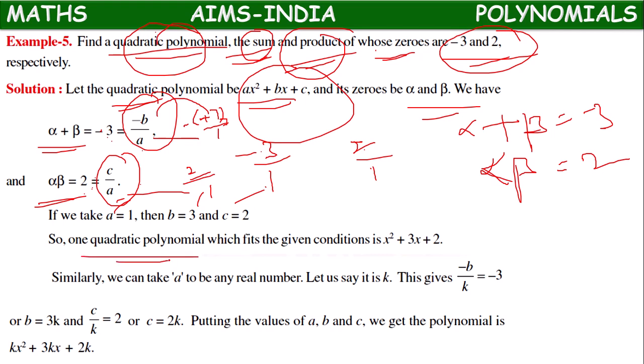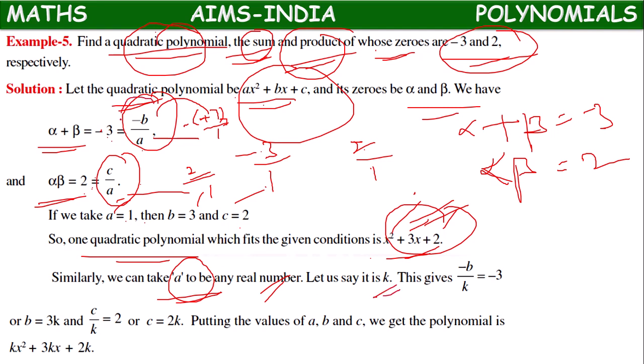So one quadratic polynomial: a value is 1, 1x square. b value is 3, 3x. c value is 2, 2. x square plus 3x plus 2. Just by guessing, directly we can write the quadratic polynomial. Suppose a is not 1, if a is any real number, let's take it as k.